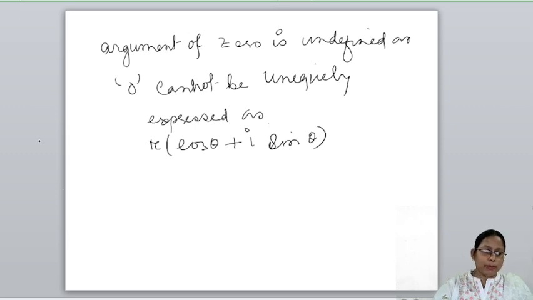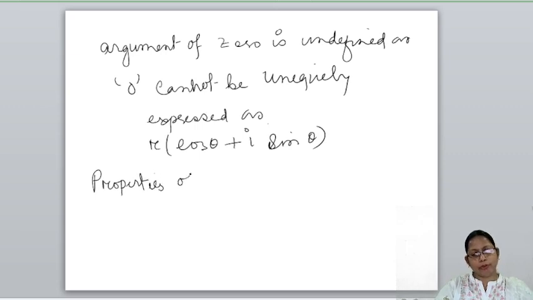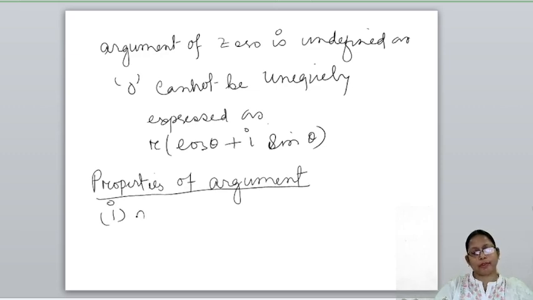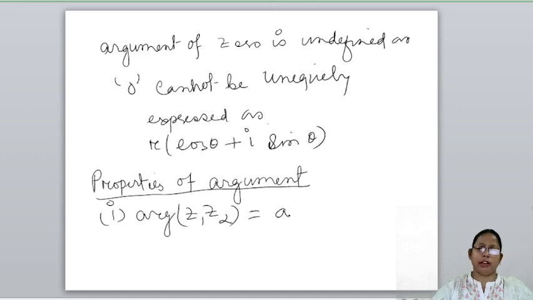Next are the properties of argument. Number 1, arg of z1 z2 is equal to arg of z1 plus arg of z2.